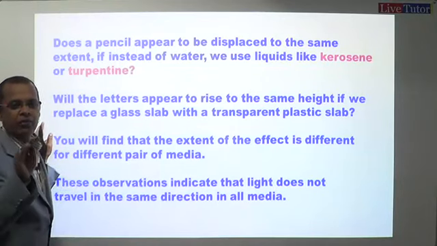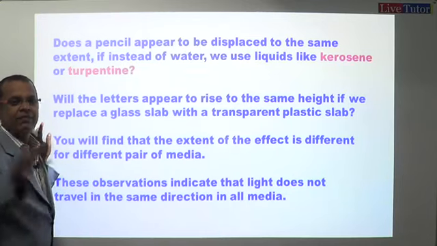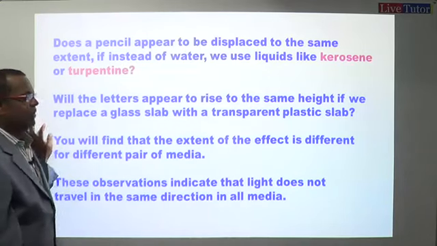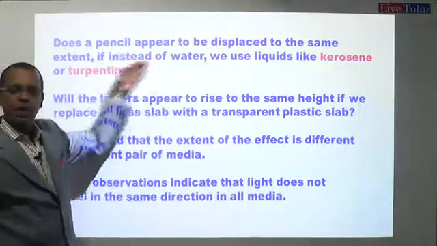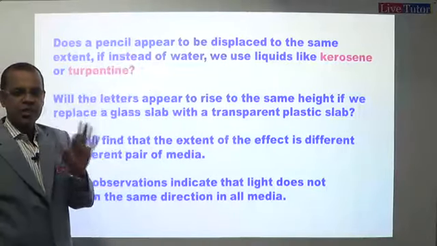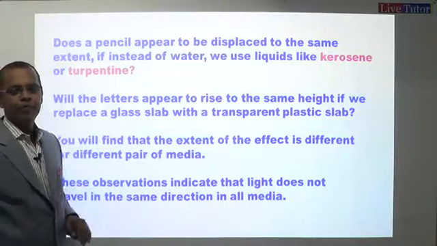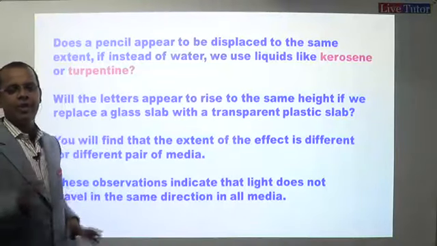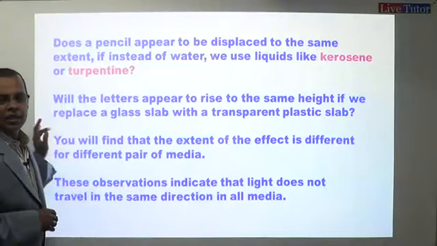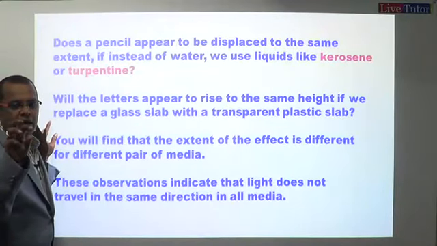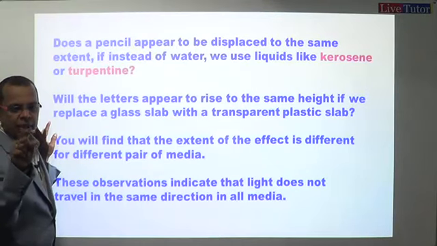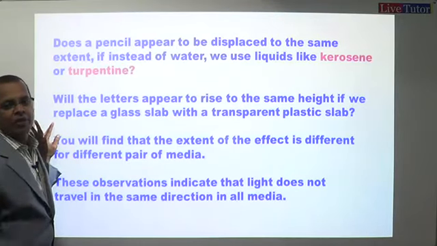Definitely, you will find that the extent of the effect is different. It may not be the same. Whether you are using kerosene, turpentine or water, in all three cases the displacement will not be the same. The appearance will be different for different materials. Isn't it? So it means that the displacement of the object at the interface is different for different media.